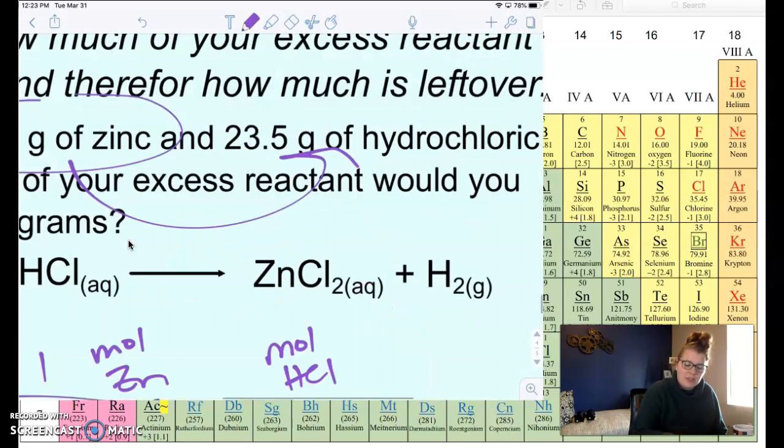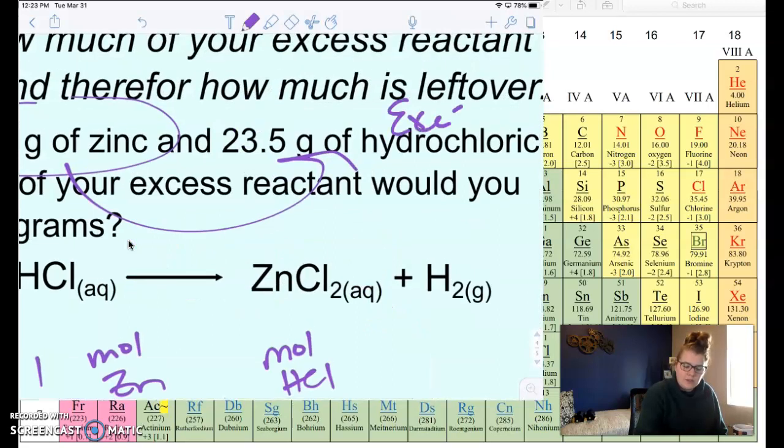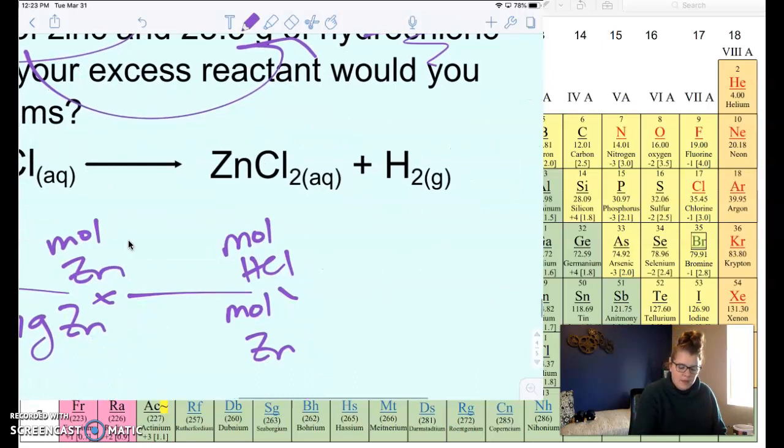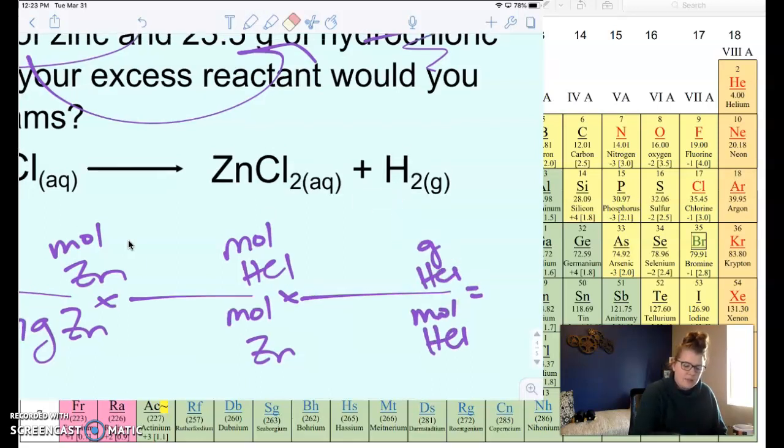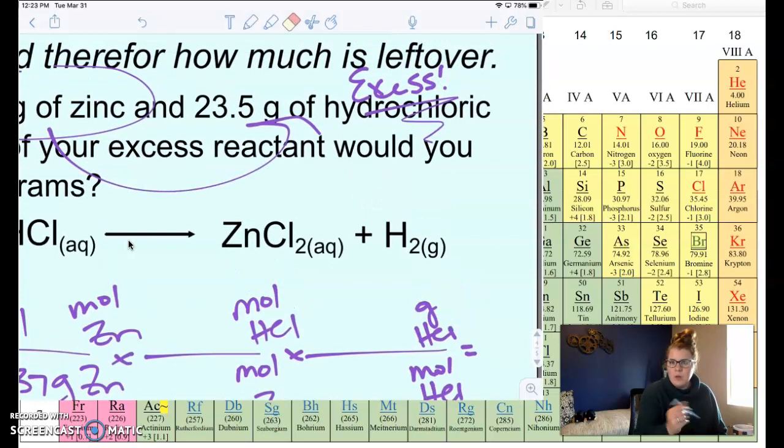Because we figured out that hydrochloric acid was our excess reactant, and I want to figure out how much of my excess reactant is left over, because I know not all of it's going to get used up. I am going to convert that to grams, though, using the molar mass one more time, because my initial value of my excess reactant is in grams. So I want to keep everything in grams.